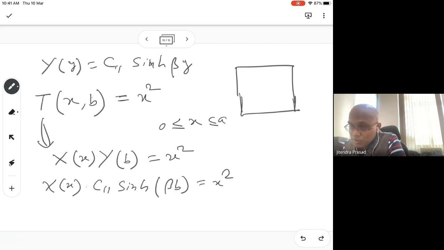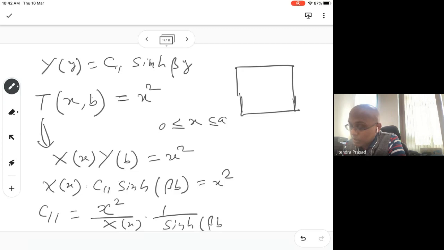So C11 will be equal to simply x square divided by X of x, and then divided by sinh beta b.